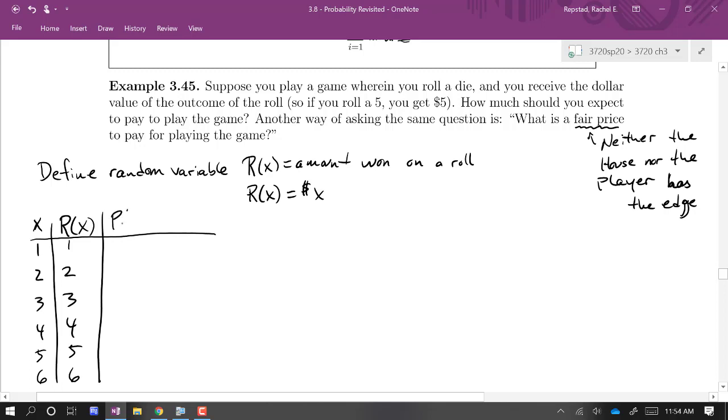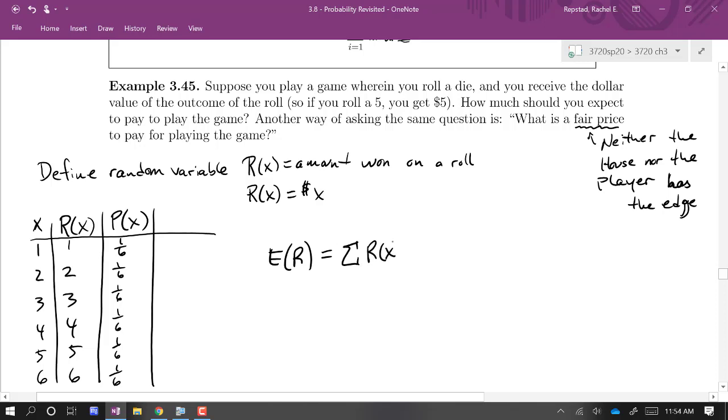Now the probability of x, the probability of each outcome, is 1 out of 6. And what we want to find is the expected value of the random variable, which is the sum of the R of x times P of x values, according to the formula in the definition up top here.